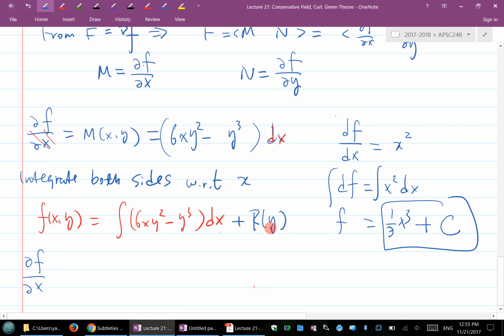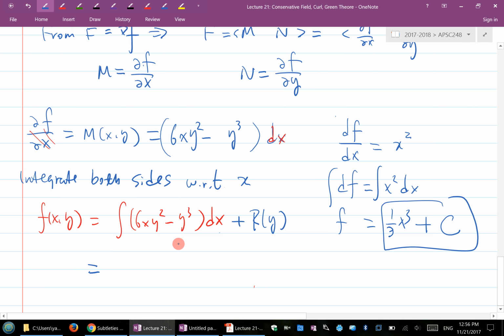And this is a function of y. So when you have a function of y, its partial derivative with respect to x goes to 0, right? So that's why you add not a constant, but a function of y here, that we will figure out. So that's the step added here. So you add a function of y.